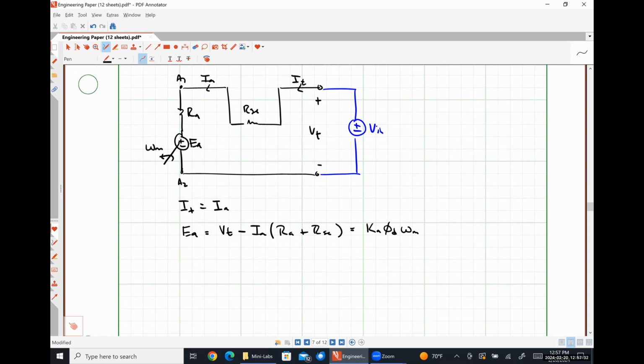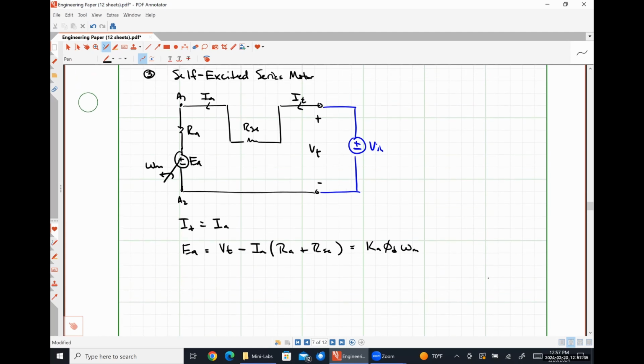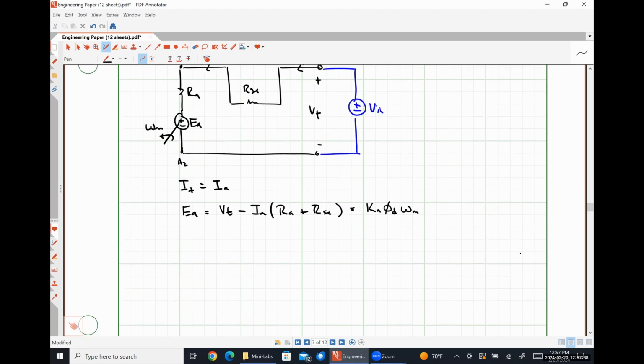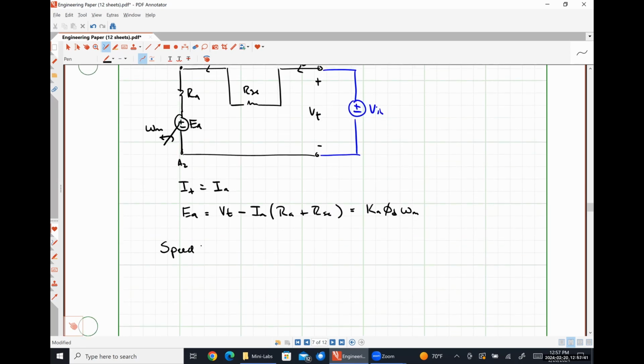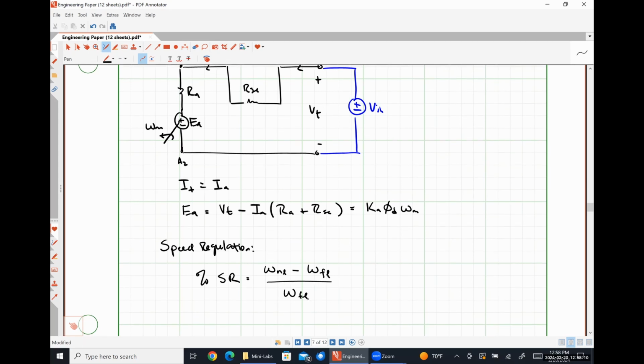And then things that we might be interested in with regards to motors would be our speed regulation. So our percent speed regulation is going to be the speed at which our shaft turns under no load minus the speed at which our shaft turns under full load, divided by the speed at which our shaft turns under full load, times 100%.